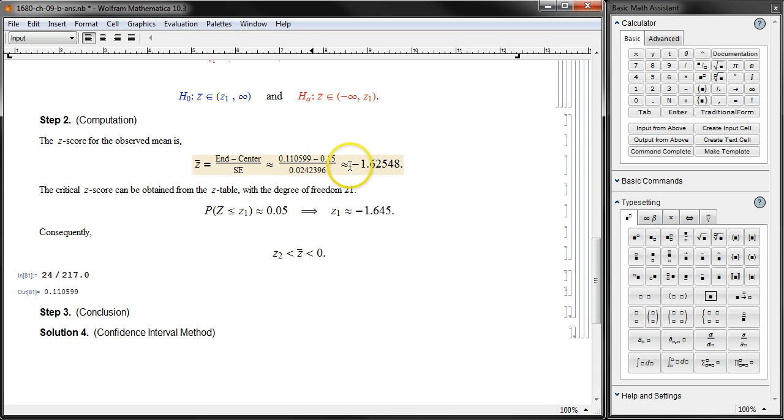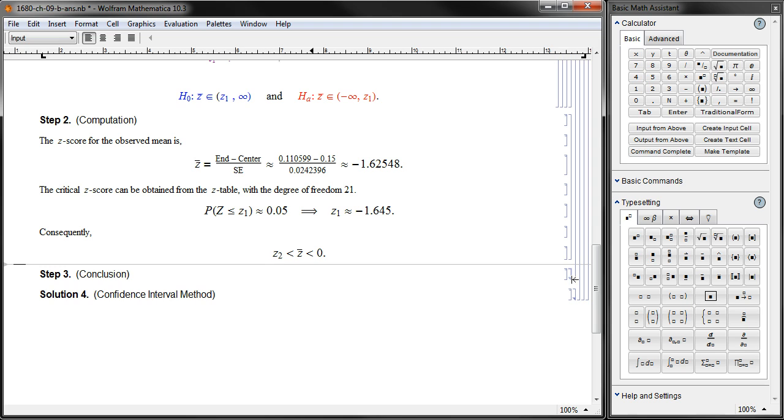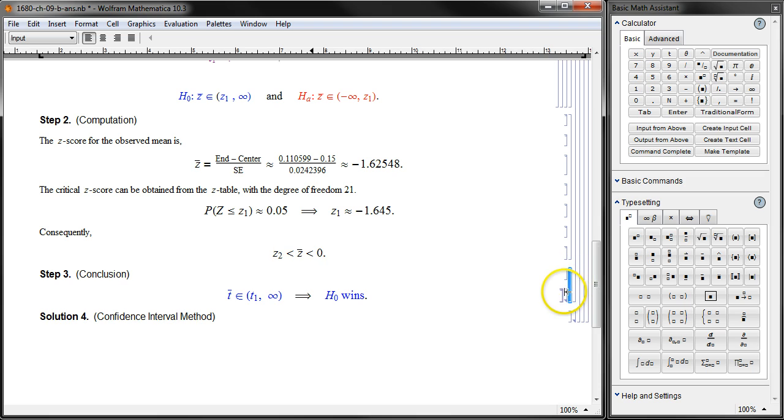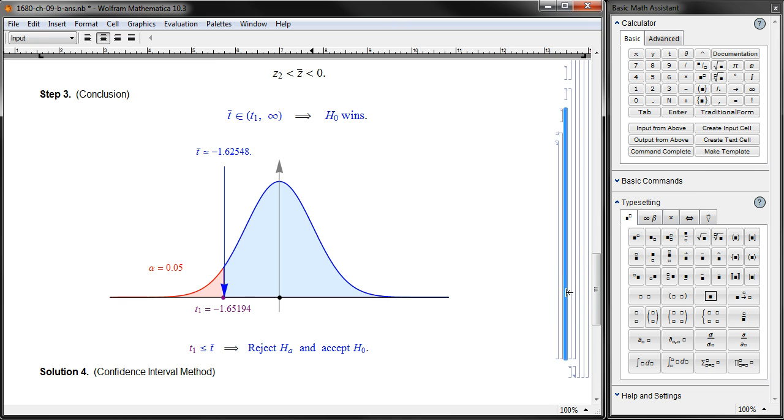Center, SE, and then we get the z-score for the observed proportion. And then the critical z-score is, of course, coming from the table, negative 1.645, and which is greater? The z bar is greater, so z bar is actually close to 0. And consequently, what we have, H0 wins.